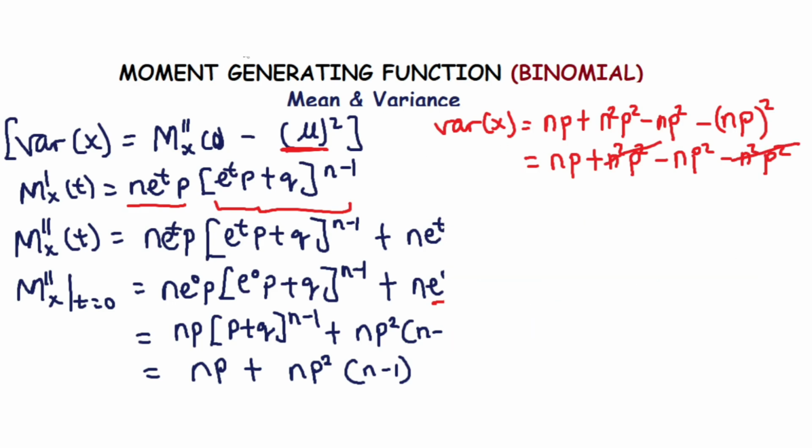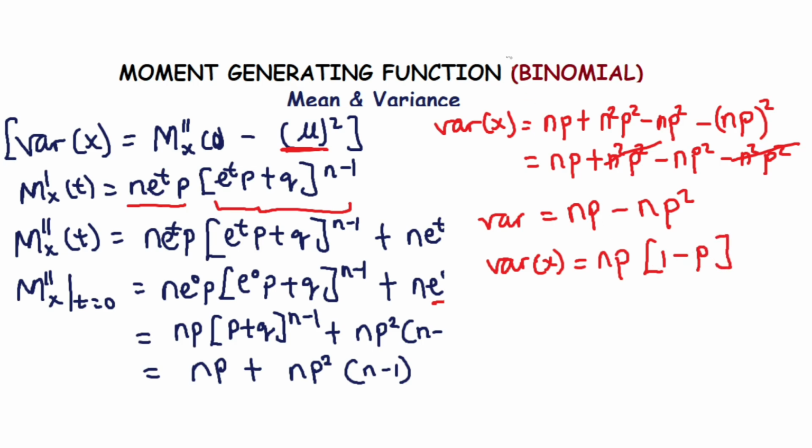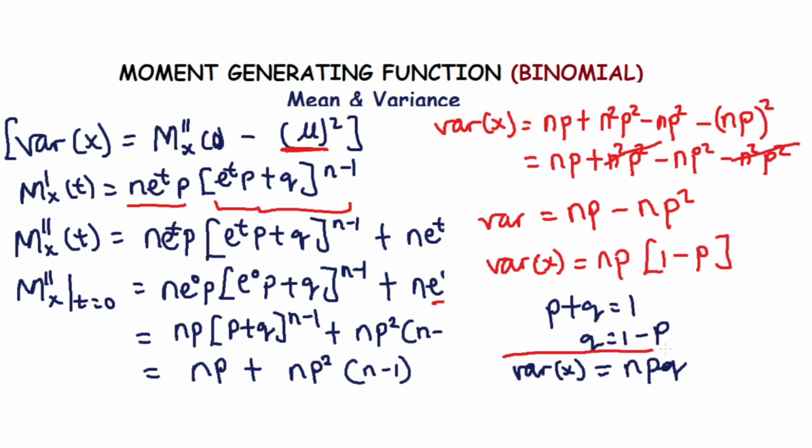Then I have the next one to be np minus np squared. This is our variance here. I see that np is common between both of them, so I'll bring it out, so I have np times (1 minus p). Remember that p plus q is 1, which means that q is 1 minus p, right? Then the variance here will be npq. And that's how to find the variance of a binomial distribution using MGF.